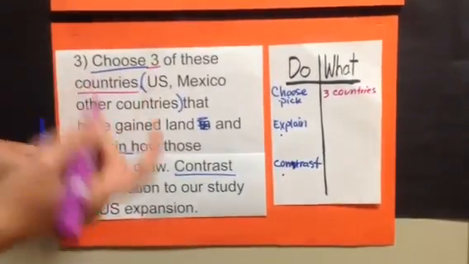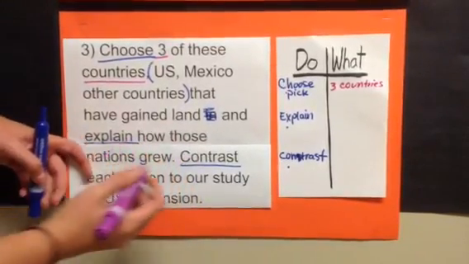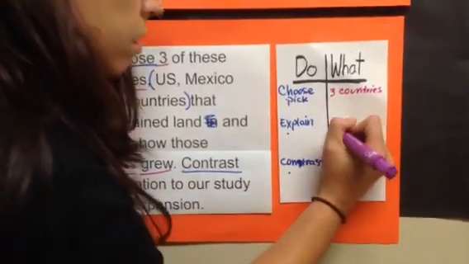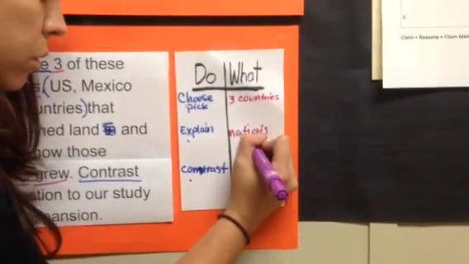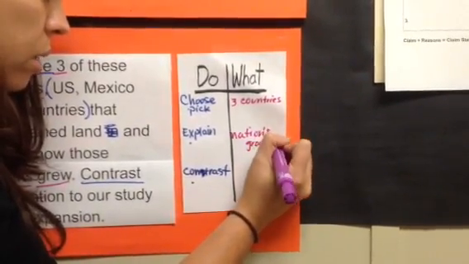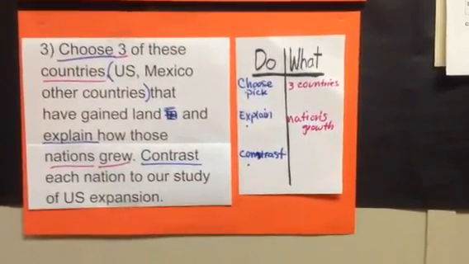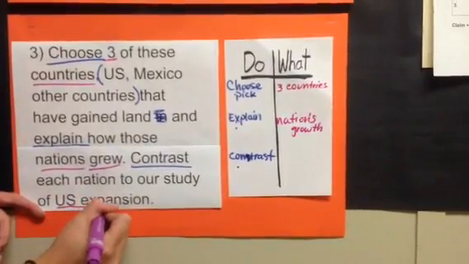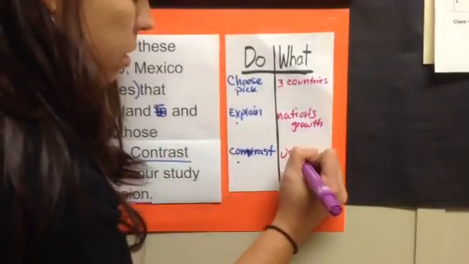Okay, so it's asking us about the growth. Nations growth. And one more thing that it's asking me about. Hila? To compare it to the study of the U.S. expansion. Good, so I'm just going to put U.S. expansion because that's what it's asking about, right?